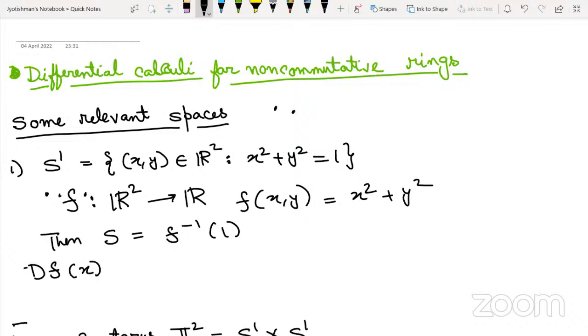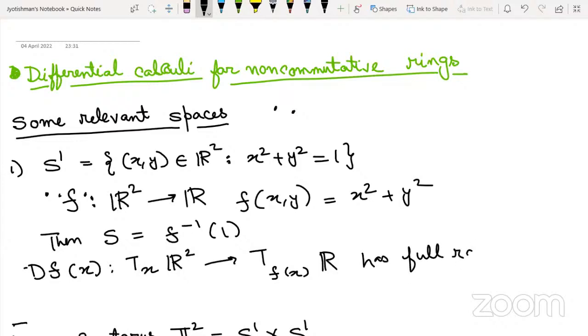So why is this special? Because if you look at the map df(x), from the tangent space at x, this has full rank for all x in f inverse of 1. I will come back to why I need this.